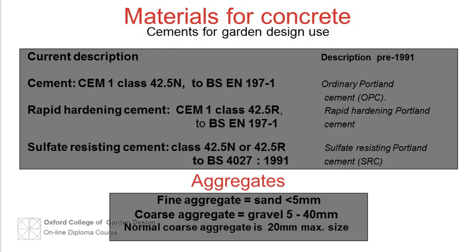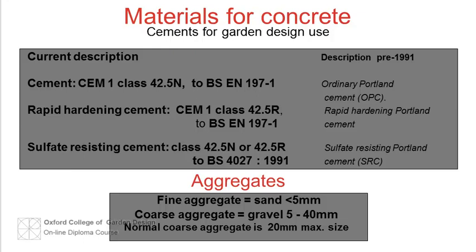The pre-1991 designation for cements, which are still sometimes used, are also shown in the table. The word Portland is a historic reference to a type of limestone quarried at Portland in Dorset, near Poole on the south coast of England.